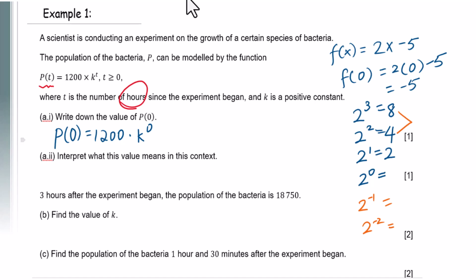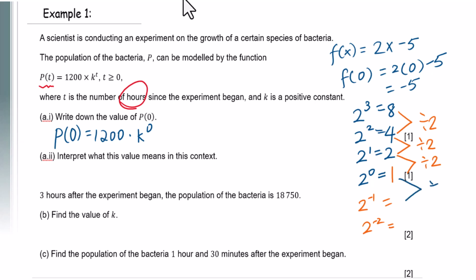You could say 8 divided by 2 equals 4. 4 divided by 2 equals 2. 2 divided by 2 equals 1. So we get 2 to the 0th power equals 1.